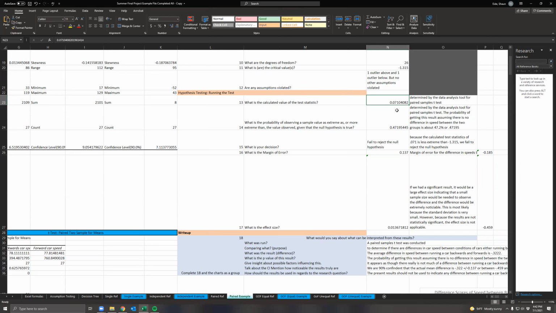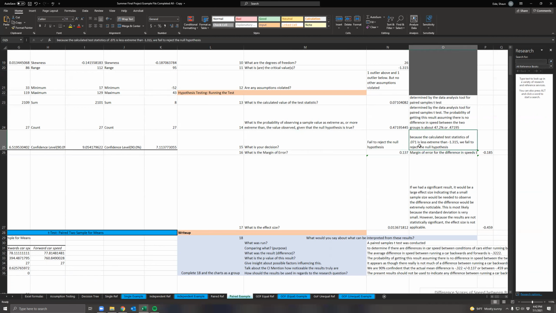Or that a car does not run faster or does not run slower. Yeah, that there's no difference. Let's just stick with that. All right, next, what is your decision?